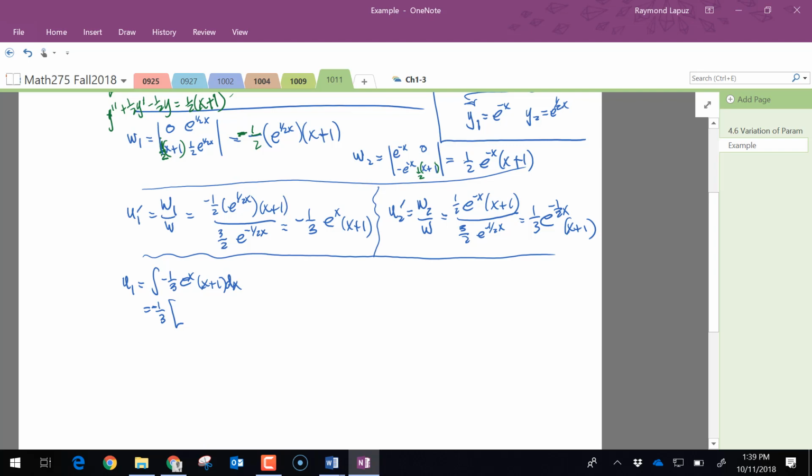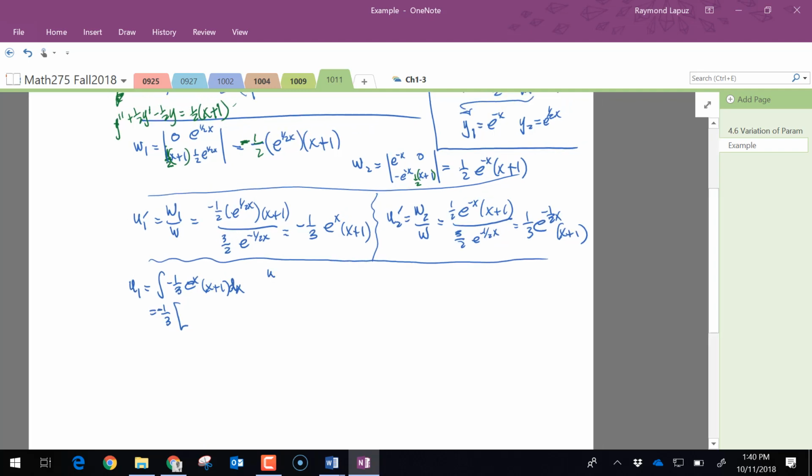I'm trying to do this in my head. Let u equal x plus 1, dv equal e to the x dx, du equal 1, v equal e to the x.